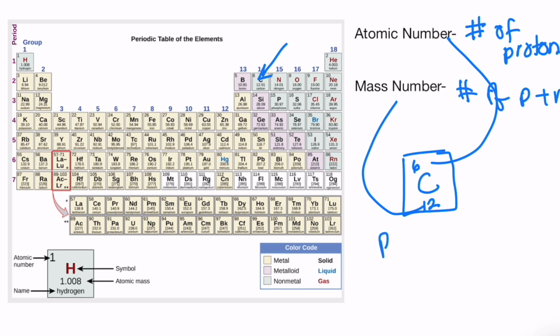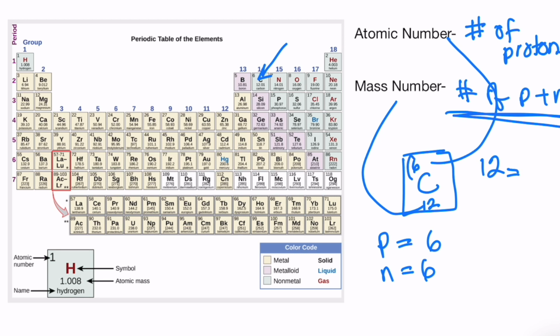Carbon has 6 protons, 6 neutrons. How do we know it has 6 neutrons? Because we know that the mass number is 12, and we know that the number of protons is 6. So by simple math, we find out that the number of neutrons is also 6.